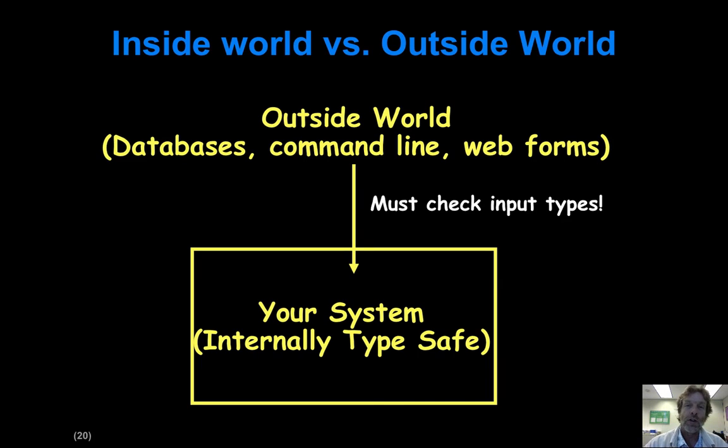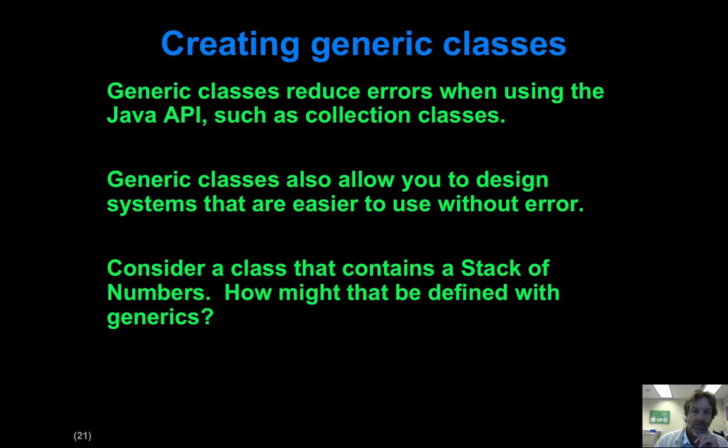So you don't have complete type safety forever and ever just because you have generics, because you're accepting things from the outside world, either from a socket, or a database, or the command line, or a form, or whatever. In that case, you have to do some sanity checking or validity checking to make sure the types are correct. But from then on, it can all be good if you're using generics appropriately.